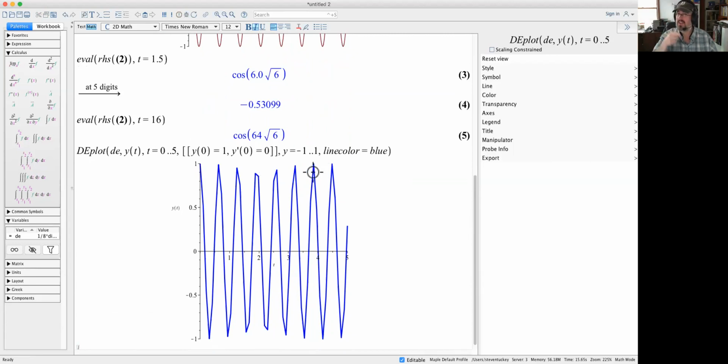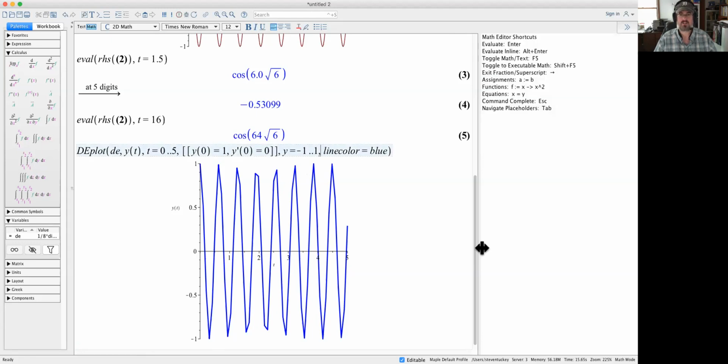How can I make that herky-jerkiness go away? What extra code could I add in here to make that go away? Didn't you add more points or something, if I remember right? Say it again. You add more points, so it takes in more points when it creates a line. Yep. And if you remember back to our Euler's method days, we had num steps and then the other one was step size.